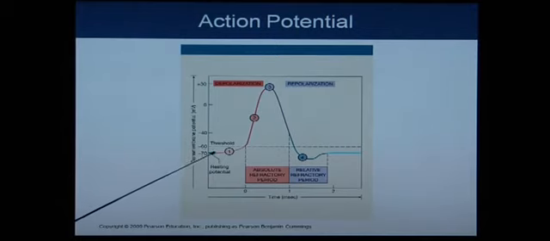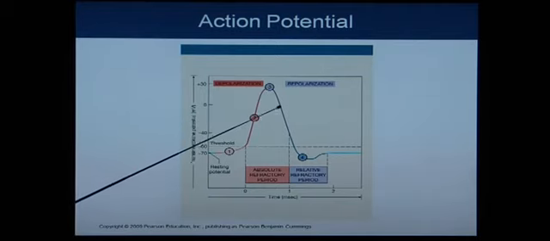So we started at negative 70. Our neuron resting membrane potential started at negative 70. We depolarized, remember depolarization, going towards positive, or becoming more positive, and we did this because we allowed sodium to come into the cell. So with depolarization, we go up, up, up until we get to positive 30. When we got to positive 30, the sodium channels closed, and the potassium channels opened, so potassium, or positivity, floods out.